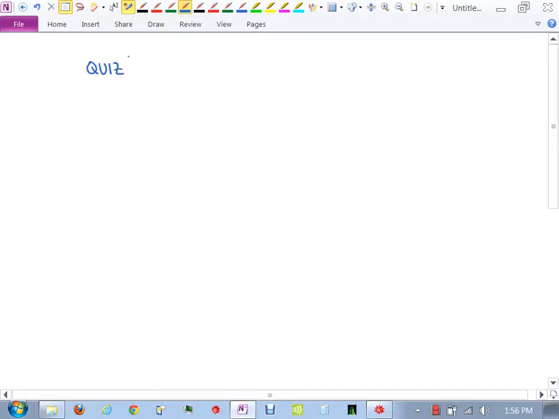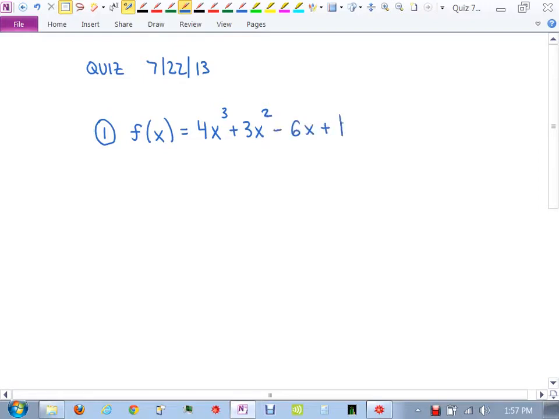Okay, so let's just put on here quiz. You will turn this in. Put today's date. All right, the first problem. It's the same instructions as the ones we just did, okay? f of x equals 4x cubed plus 3x squared minus 6x plus 1.